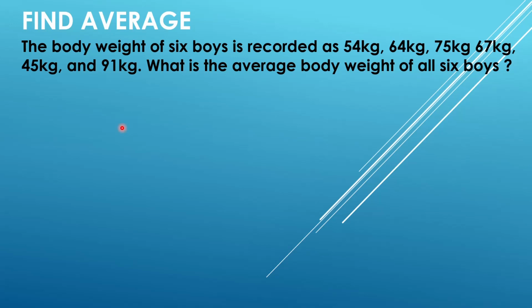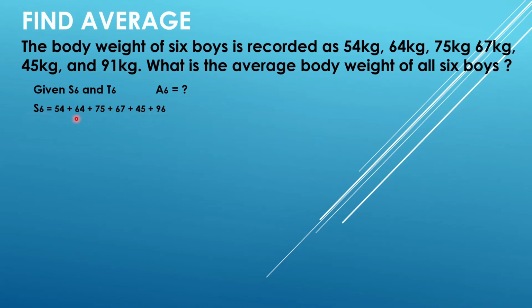First, what is given? Given is the weights of 6 boys, so S6 is given, and total is also given, like 6 numbers we have. So we need to find out A6. First we need to get S6: 54, 64, 75, 67, 45, and 91.